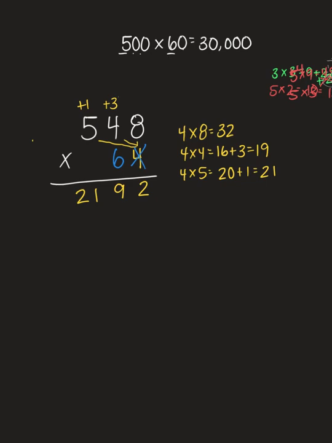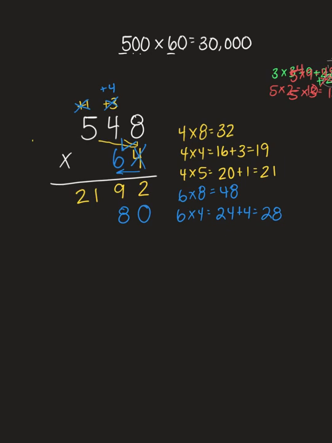I'm going to cross out the 4 and all of the digits that I carried because I'm finished with them. When I move over to the 6, I put a placeholder 0 here. And I can multiply everything by the 6, moving to the ones place first. So I have 6 times 8 gives me 48. Put an 8 down, carry a 4. 6 times 4 would be next, is 24, and I have to add the 4 that I carried to the tens place, which gives me 28.